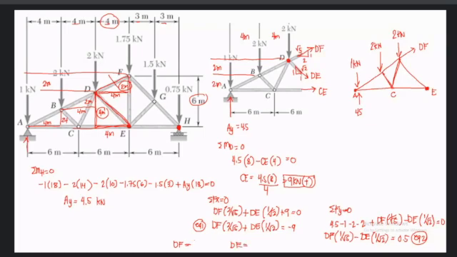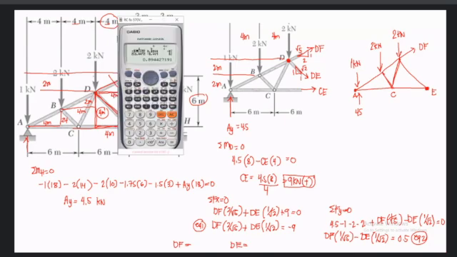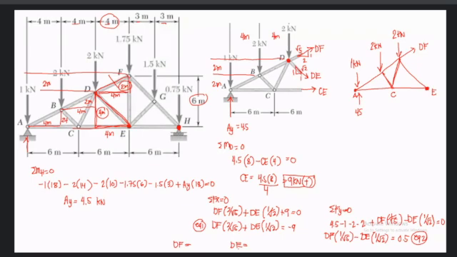Okay, so solving for DF and DE using mode 5.1. What's your answer? Nasundan ba? So sabihin nyo lang pag may tanong. So that's negative 1.5.